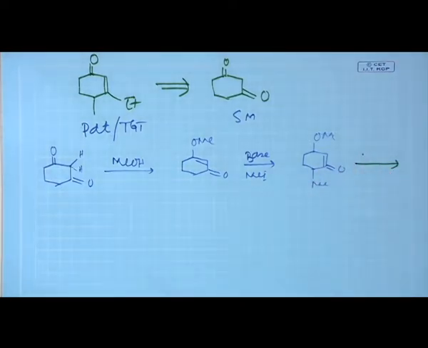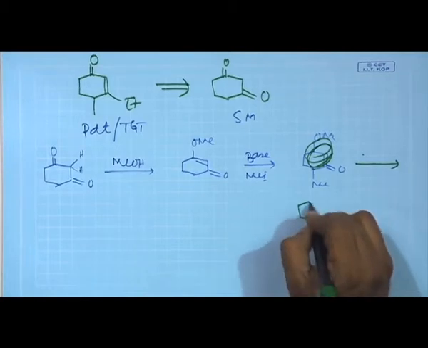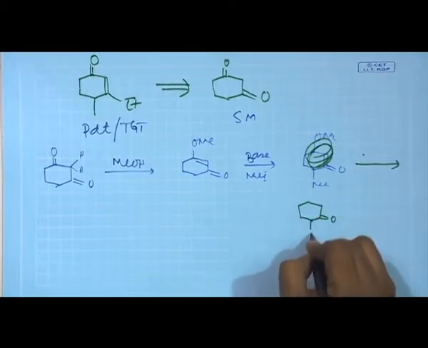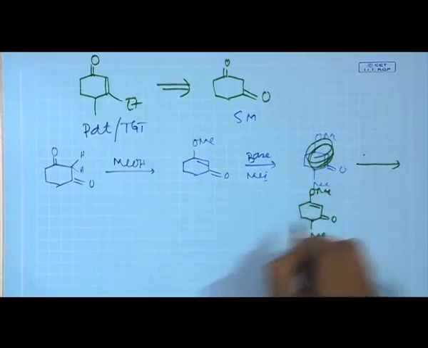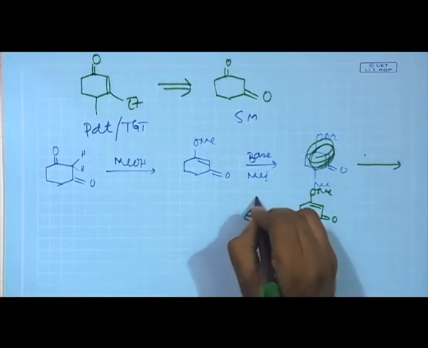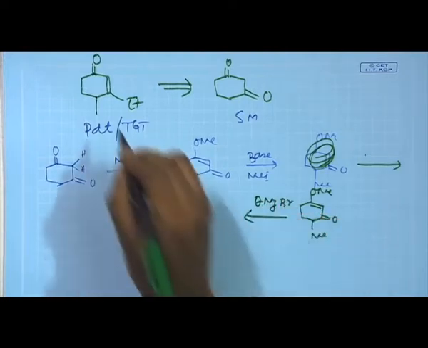Okay, the structure was a little bit wrong. You can have a structure something like this, double bond O, methyl will be here and there is an OMe here. Okay, fine. So, now you do an ethyl magnesium bromide to introduce the ethyl group.